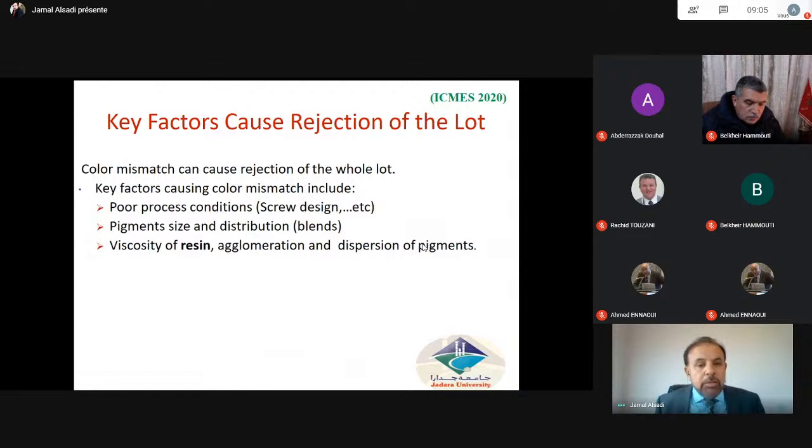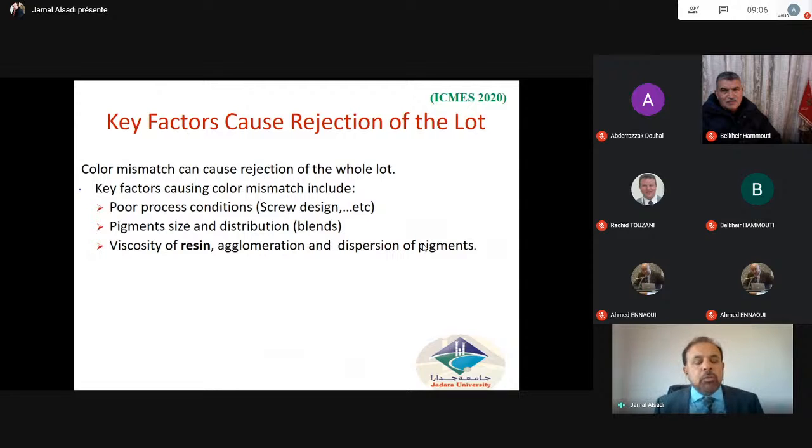And also the poor process condition, like, you are dealing with hundreds of parameters or variables, like processing parameter, temperature, speed of the screw, the feed rate. Any variation of the processing parameter, or if you are changing the screw design of this extruder, you will get the color mismatch, which causes a huge wastage.